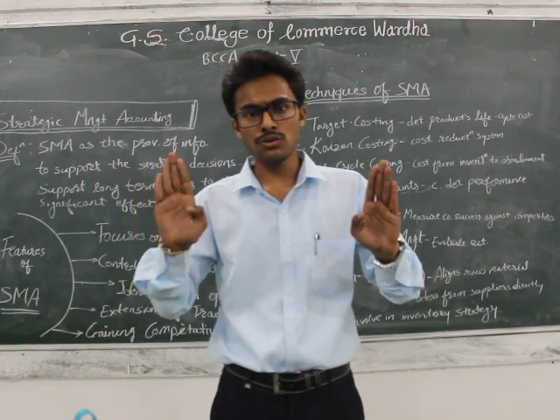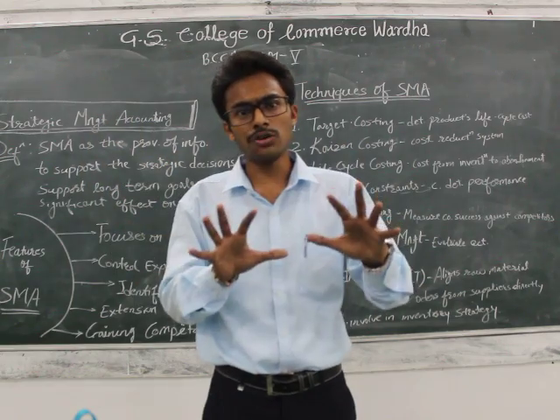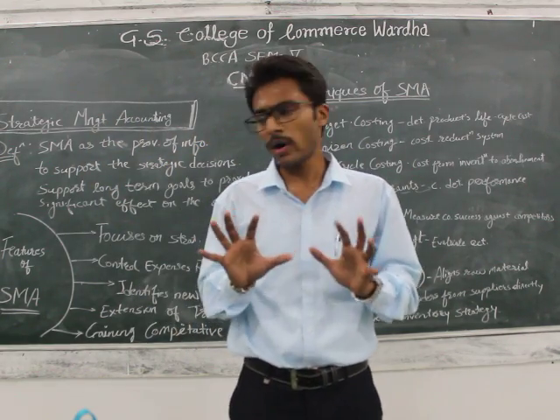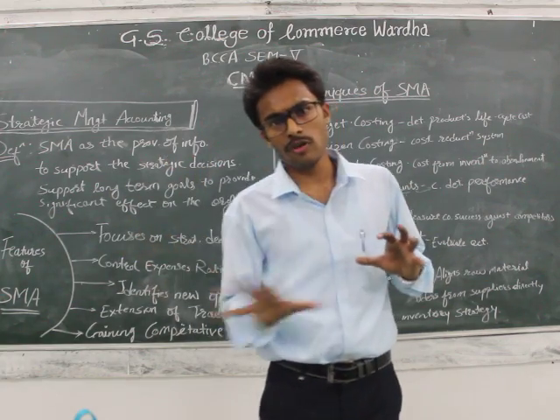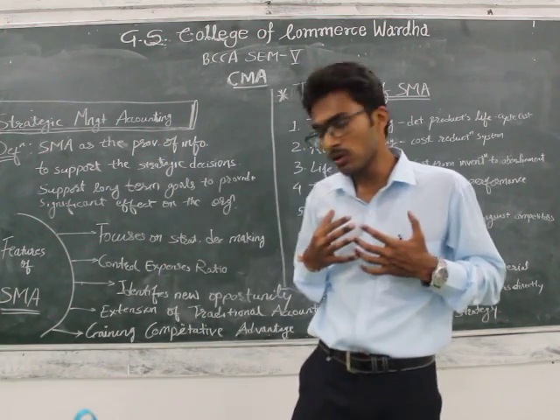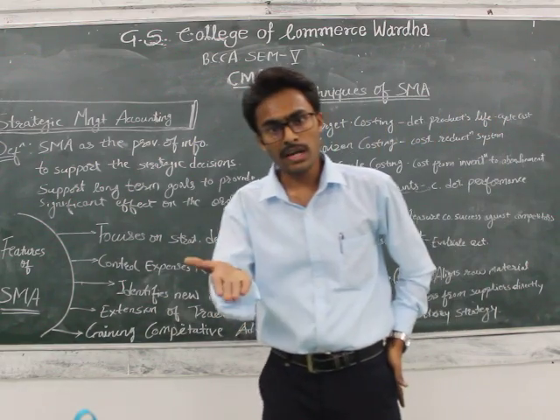Then we will definitely choose project B. These types of ratios can be provided by SMA, and because of this analysis we get new opportunities in the market, exactly like project B.